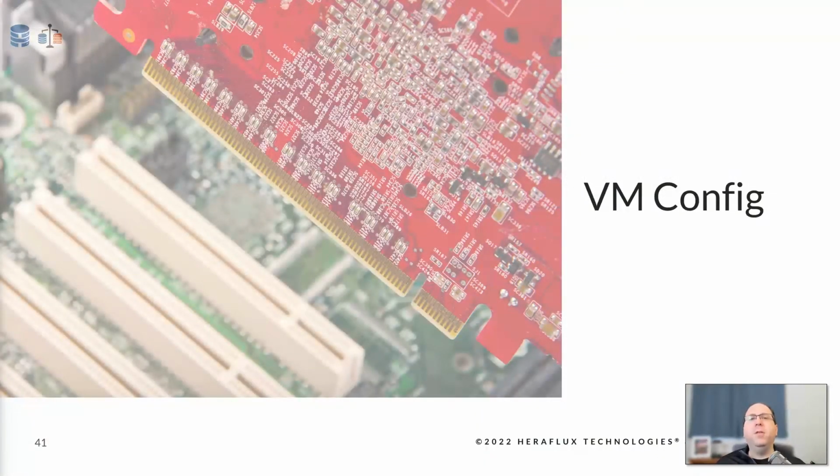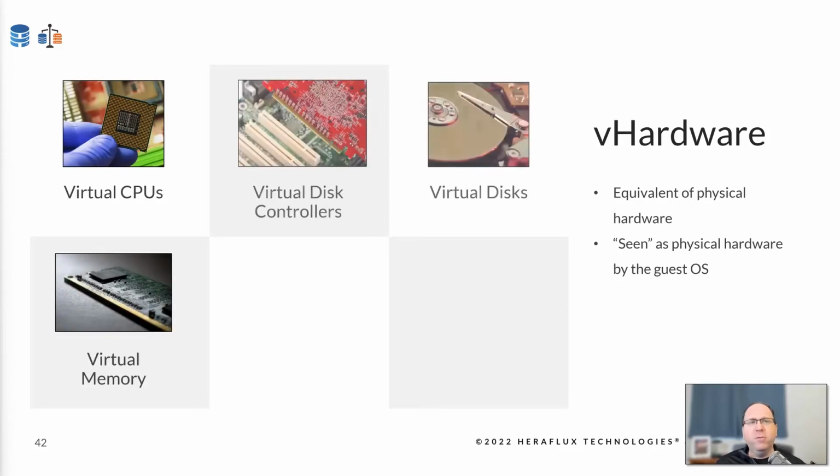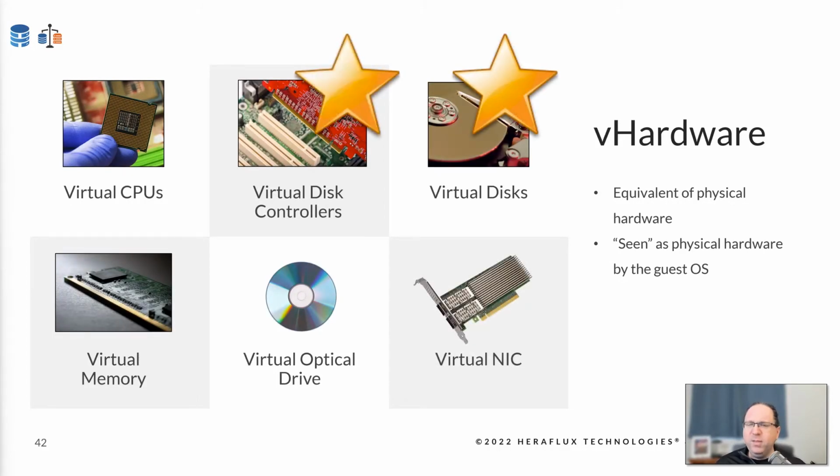Now, let's go to the next layer up. Let's hit the virtual machine configuration. With our virtual machine hardware, this is what is, quote, seen by the guest operating system as being actual hardware. So we've got virtual CPUs, and I could go on for hours about virtual machine CPUs. There's virtual machine memory.